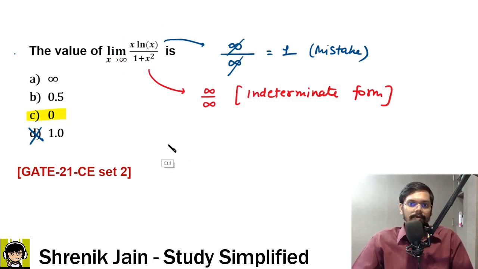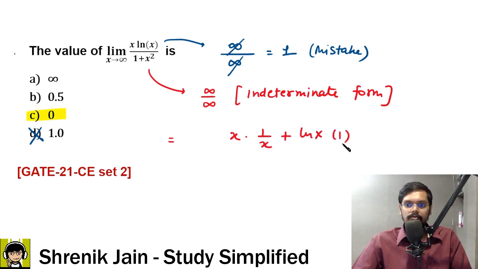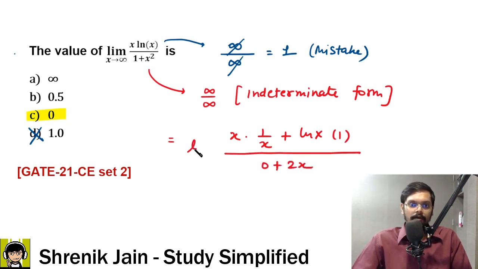When we apply L'Hopital, differentiating the numerator with respect to x, but sir ji, it is u into v format. So first write it this way, x into differentiation of ln x, which is 1 by x, plus ln x into differentiation of x with respect to x, which is 1, divided by differentiation of the denominator, which is 0 plus 2x. So now we have limit x tends to infinity.